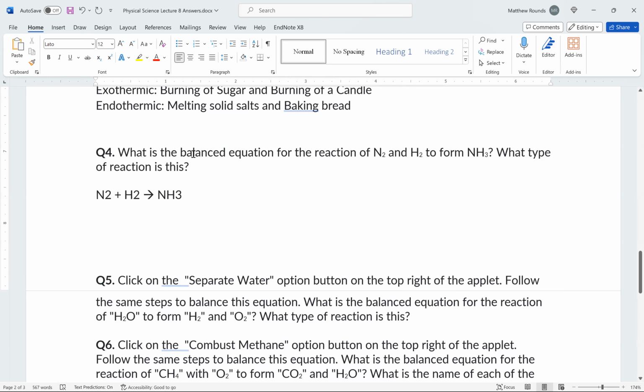So the balanced equation means that you have the same number of nitrogens on the left as you do on the right. On the left, you have 2 nitrogens. On the right, you have 1 nitrogen. So that's out of balance. On the left, you have 2 hydrogens. On the right, you have 3 hydrogens. So without getting into why, we're going to put a 2 in front of the NH3 and think of it as a 2 times, but really it's just a 2. So that means you have 2 nitrogens now.